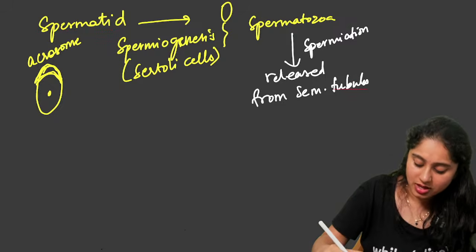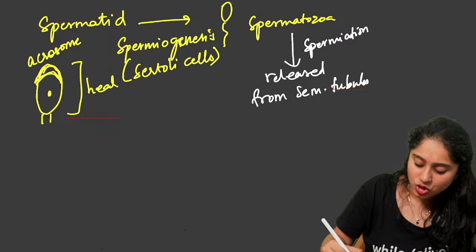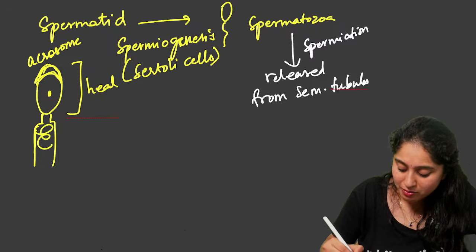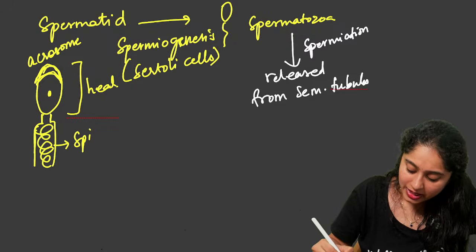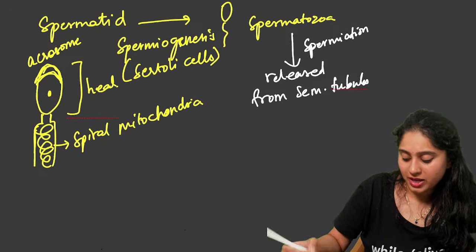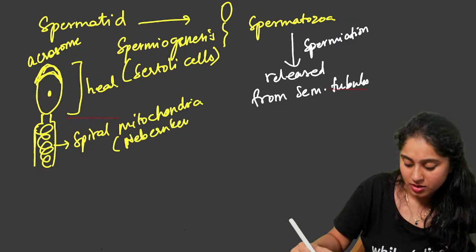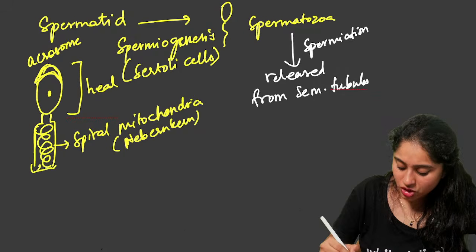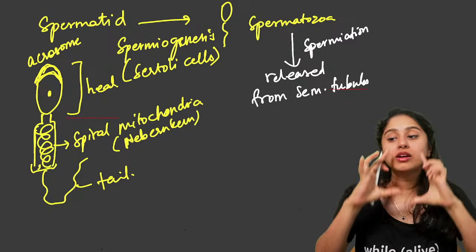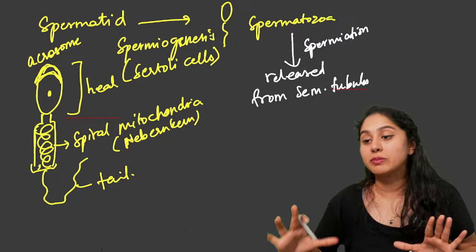Then there is a nucleus present in the head region, followed by a small neck and a middle piece that has a spiral mitochondria, called the nebenkern. This structure ends with a tail. So there is a head, neck, middle piece and a tail in the mature spermatozoa.